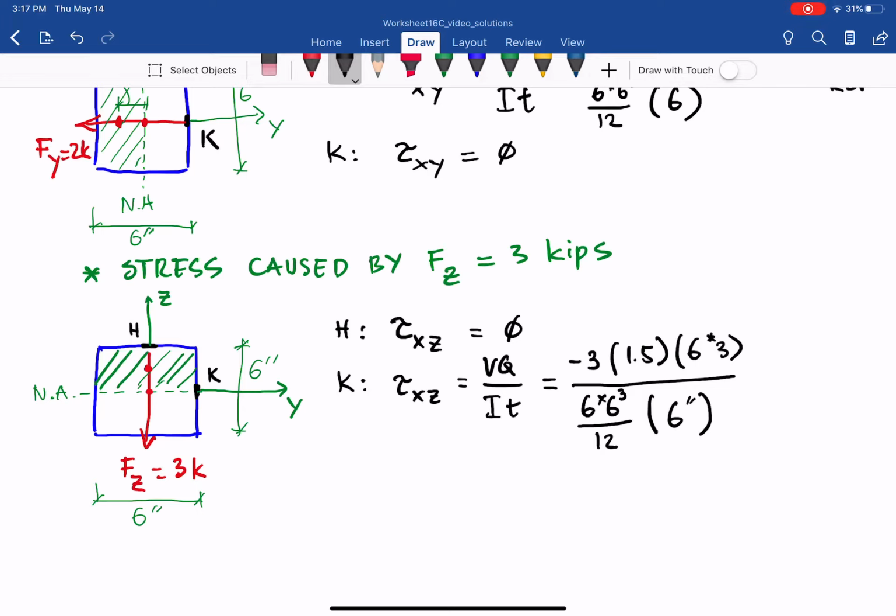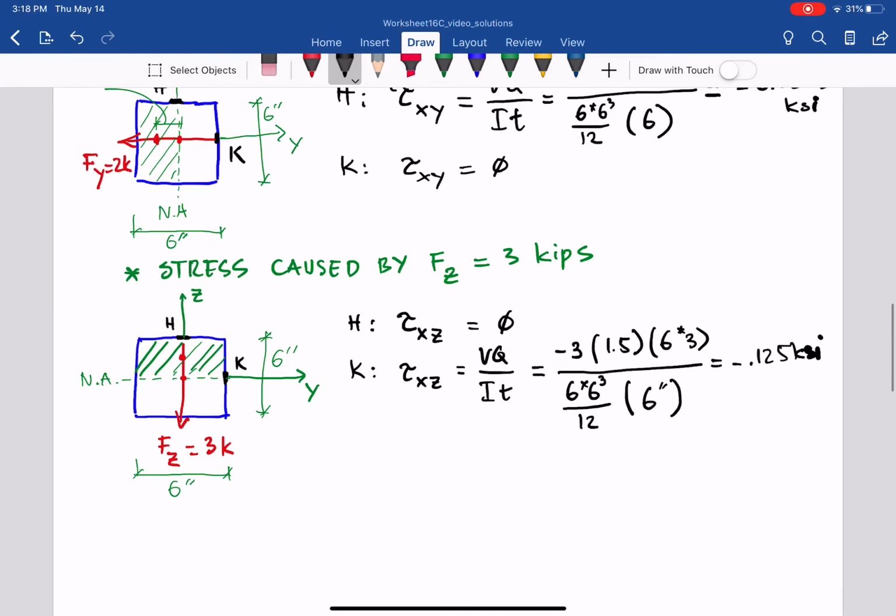So from that it equals negative 0.125 ksi on tau xz.